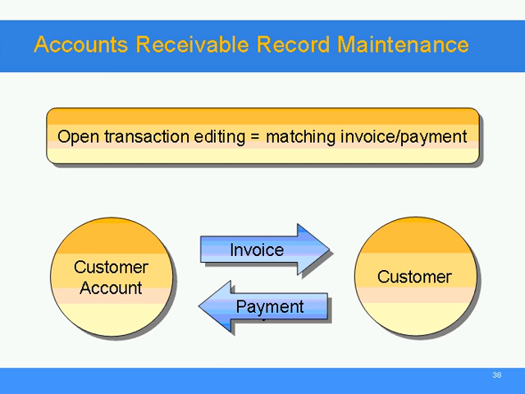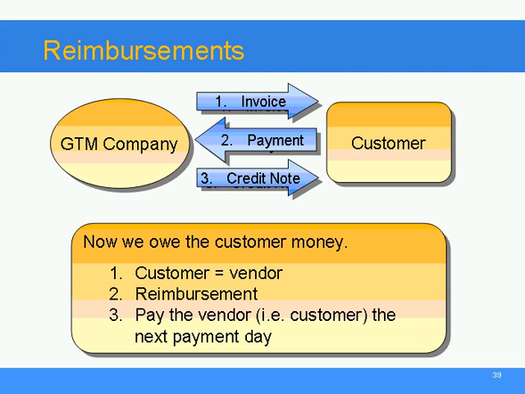Accounts receivable record maintenance. The rules are the same as for vendors. Open transaction editing is equal: matching invoice with payment. You see reimbursement.